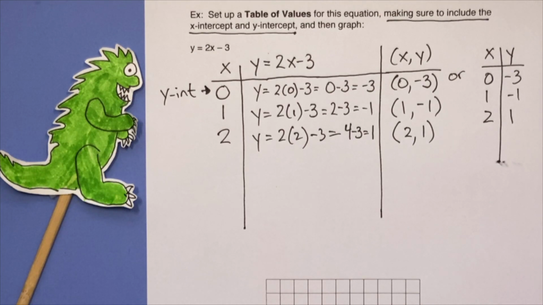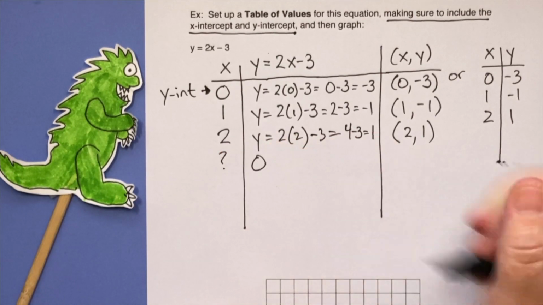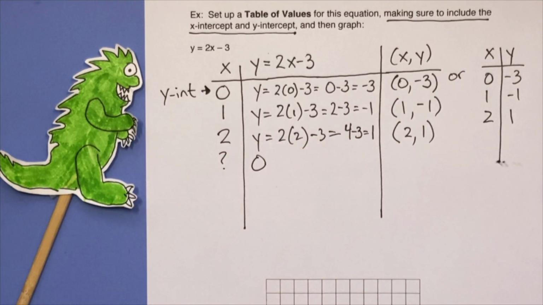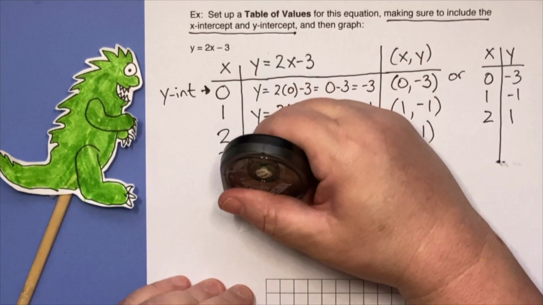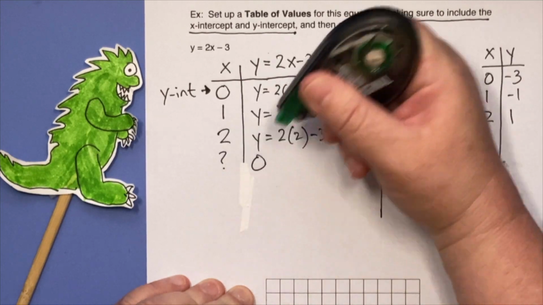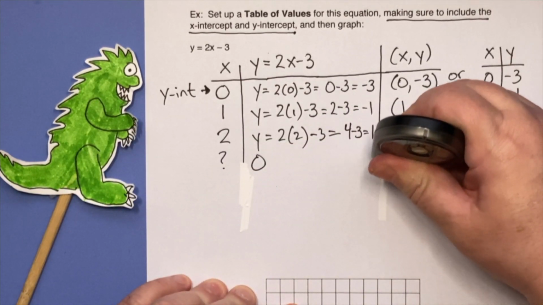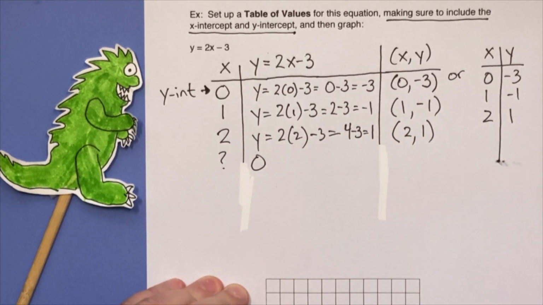So to find the x-intercept, we need to know what happens when y equals 0. I'm going to give myself a little bit more space with some white out here. I thought I was going to make a much bigger table of values, but I've decided I don't need that.